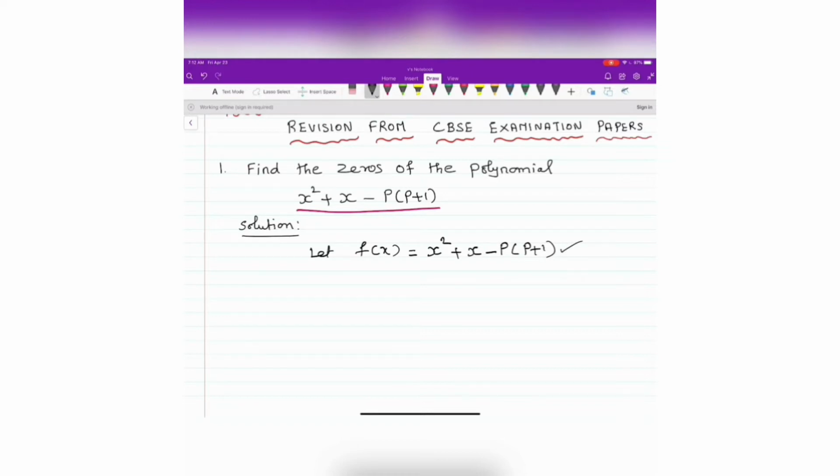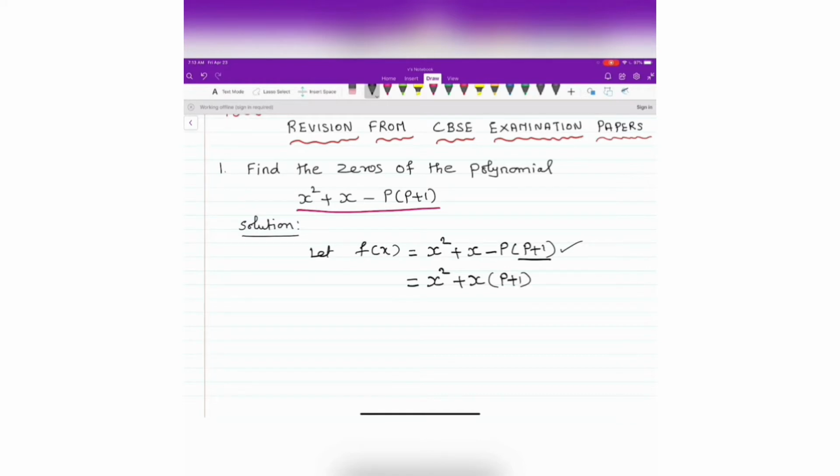So what we can do is make some slight modifications in the polynomial in such a manner that the polynomial will remain the same. I will just explain to you now. This can be written as x square plus x into p plus 1.